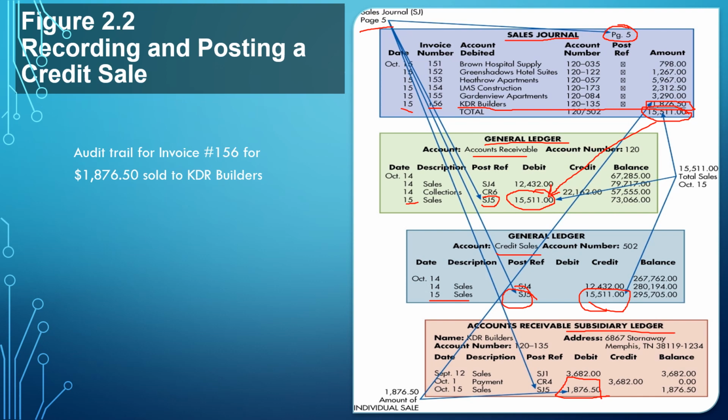This just explains how you trace the accuracy and completeness of the recording of one transaction, and this tracing technique can be used as an audit trail technique to ensure the accuracy and completeness of the transaction.